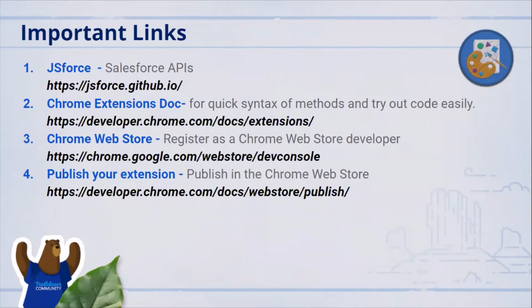There are lots of things about background JS and content scripts, also your popup JS, and how to register your account. So these links are available for you to create your web store account, and how to publish I already mentioned. So you can easily publish your extensions without any charges.